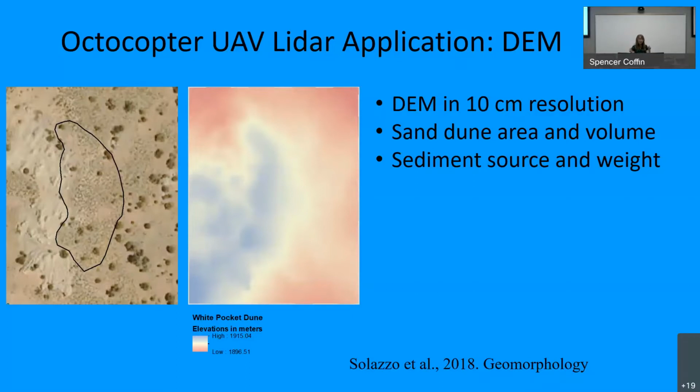So we were estimating the sizes, the area and the volume of the individual sand dunes, which we then convert into total weight of all the sediment that we can expect the Colorado River to receive from trees.